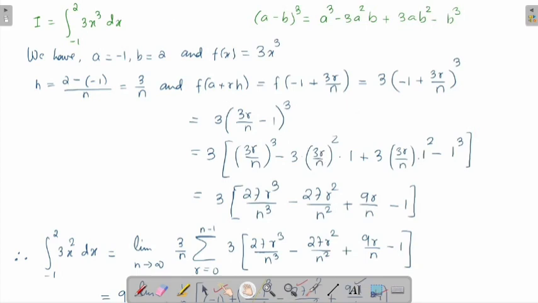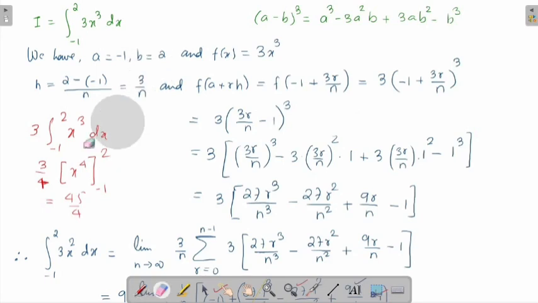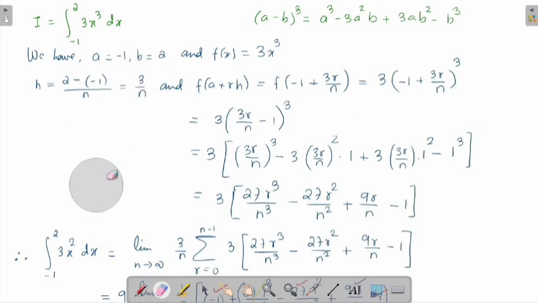I think I told you the wrong simplification. So it will be 3 integral from minus 1 to 2 of x cube dx. So it becomes 3 by 4 x to the power 4 from minus 1 to 2. When you simplify this, yes, it will turn out to be 45 by 4. Kindly check this. So initially what I showed was wrong, but the calculation that we have done is correct.